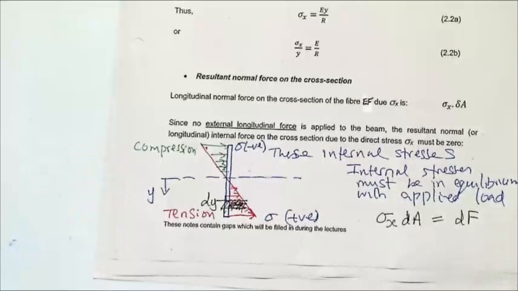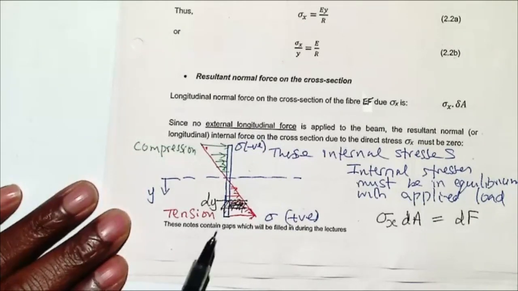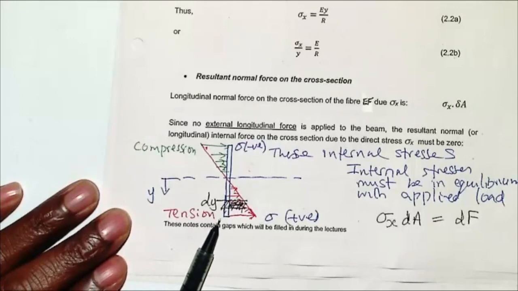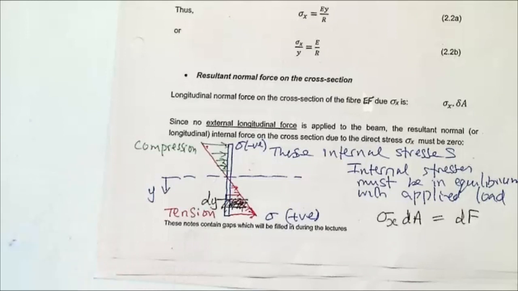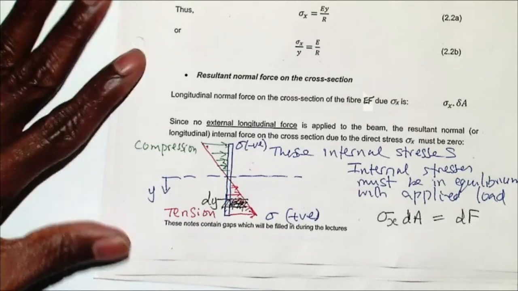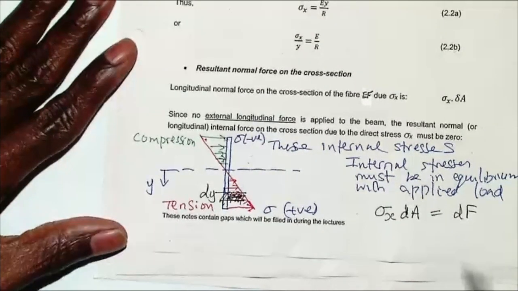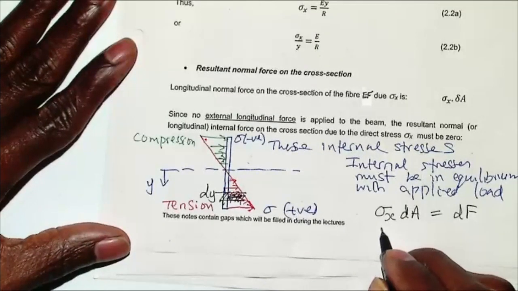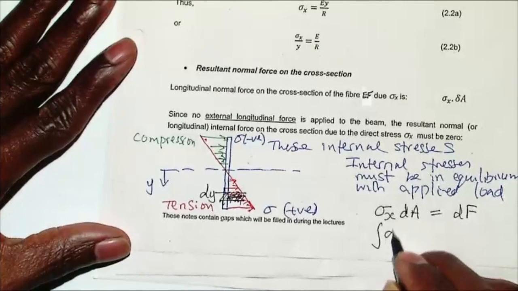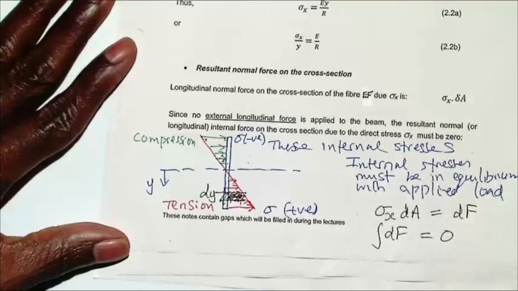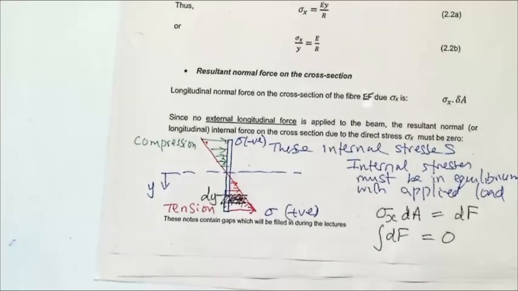But that is just a small length, so we need to sum it up from the bottom right to the top and make sure that it is 0, because we are not applying any load along the length of the beam. What that indicates, therefore, is that if we do that, it will have to be 0.